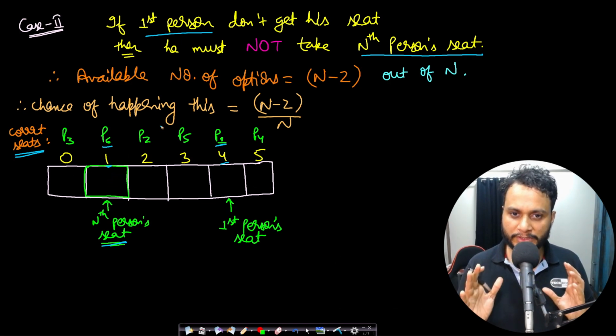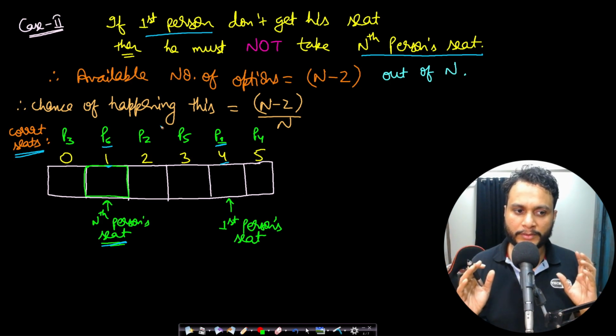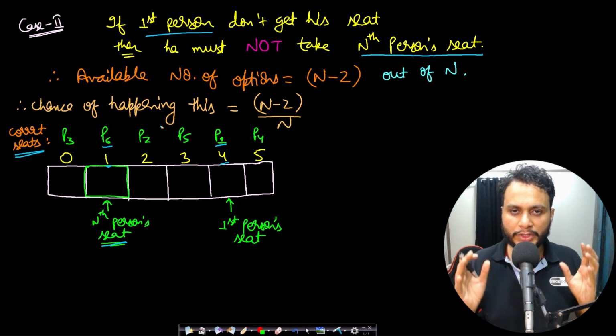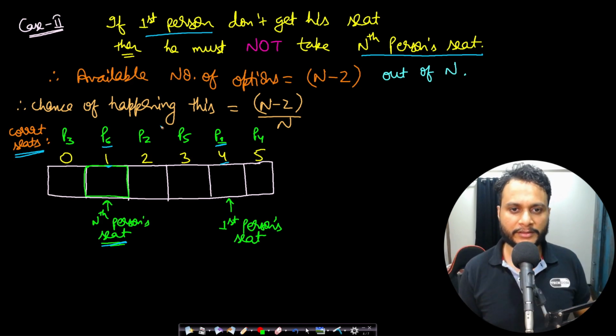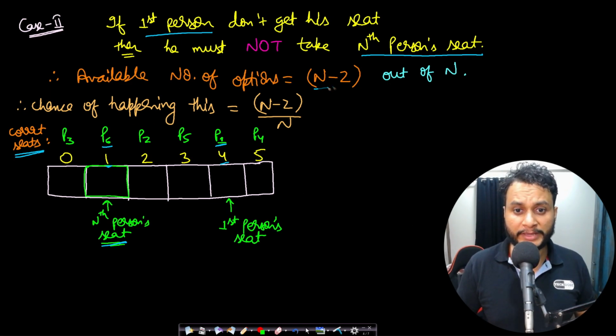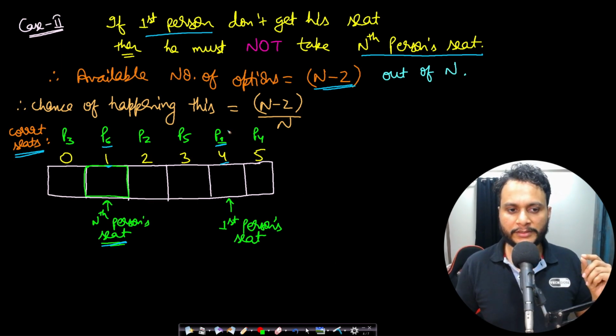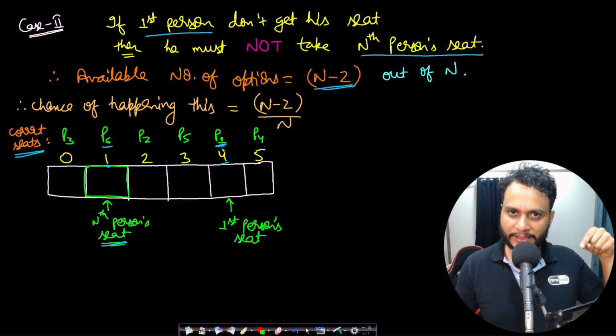So I am just adding up all the chances which will lead to the nth person getting its correct seat, and adding them together to get the final probability, right? So in this case, the available number of options will be n minus 2 for the first person, because if the first person does not get his correct seat, then he can also not take the nth person's seat, right?